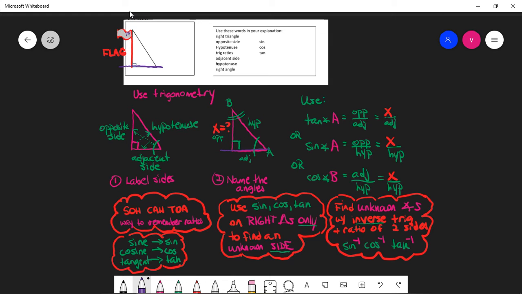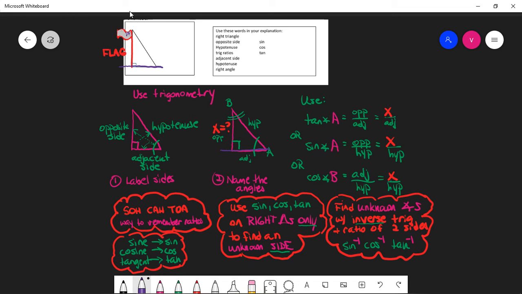So first you label the sides, explain why it's opposite, adjacent, and hypotenuse. Then you label the angles, tell them where the angles are, on the ground next to the flagpole. What are you calling the height of the flagpole? That's what you're trying to find. I call it X here, okay? And then you can say, depending on which sides you know, you want to find the height of the flagpole, but you could use any of these.